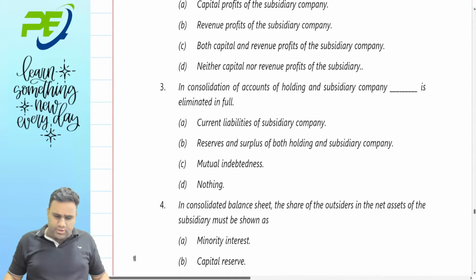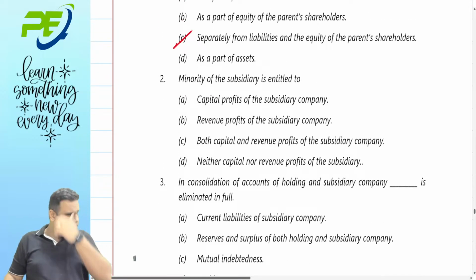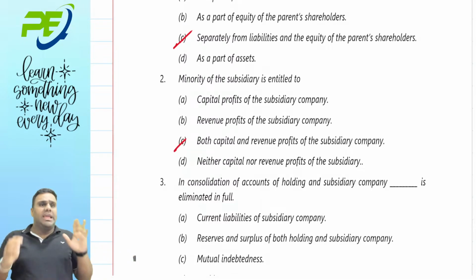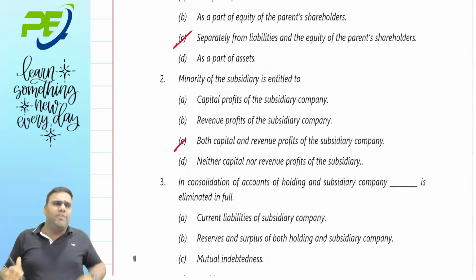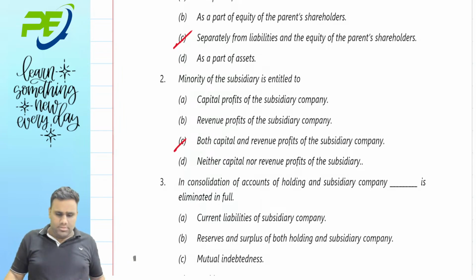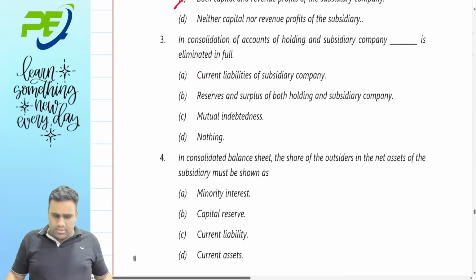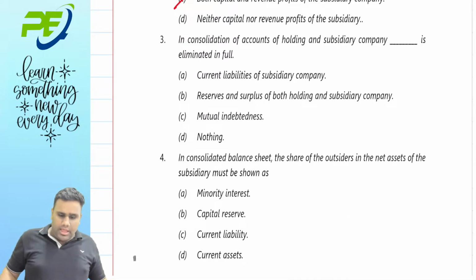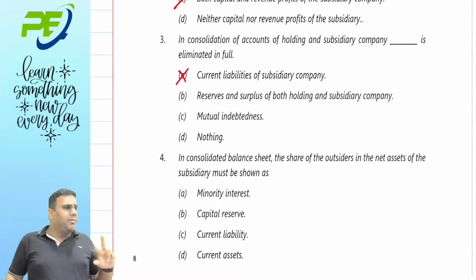Yes, minority is entitled to both capital and revenue profit. Capital and revenue we segregate only for holding company share. Third, liability of subsidiary company we'll knock off, but with current assets and reserves and surplus of both companies.